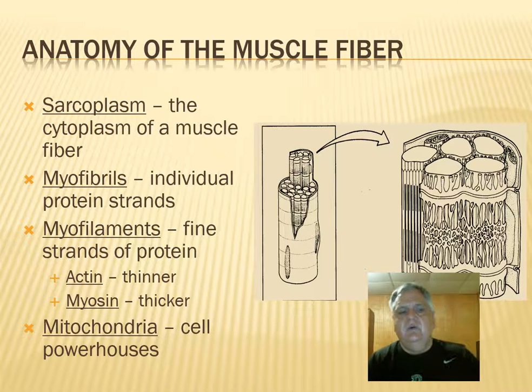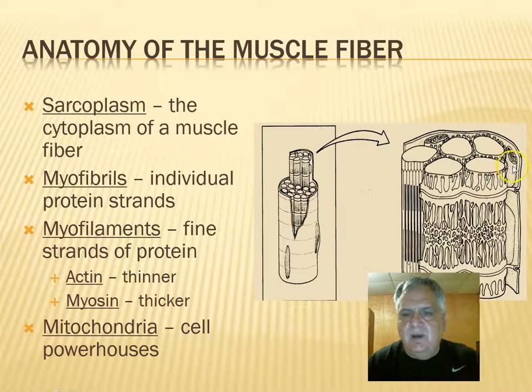In addition to myofilaments inside the myofibrils, we also have mitochondria. Over here in this diagram, we can see here's a mitochondrion here, here's a mitochondrion here. You may recognize the mitochondrion because of its rod-shaped structure and that squiggly inner membrane that contains folds called cristae.